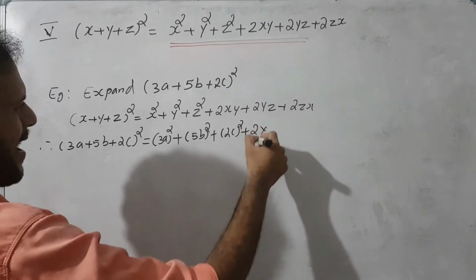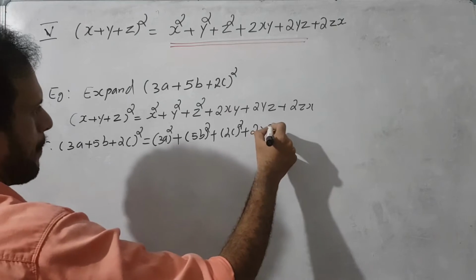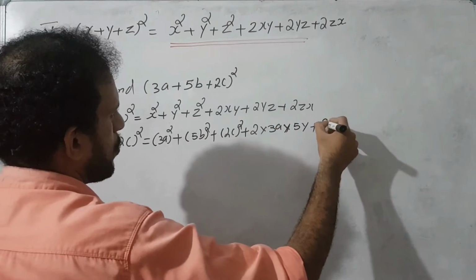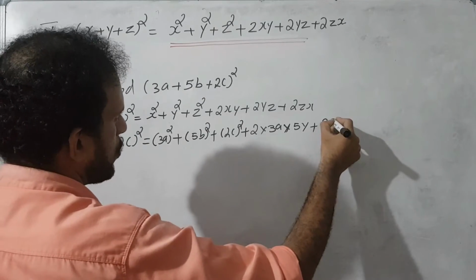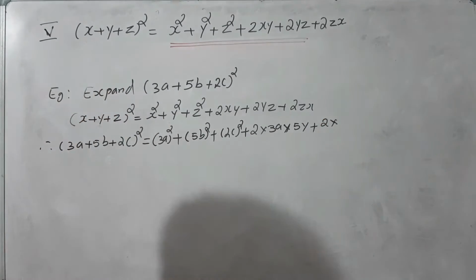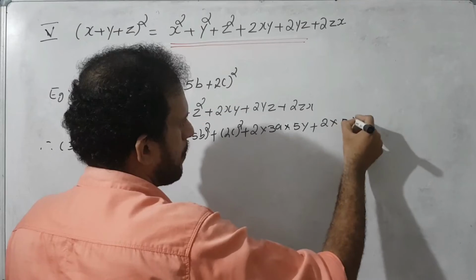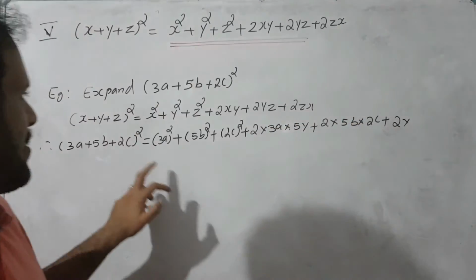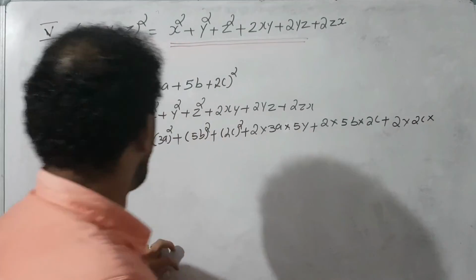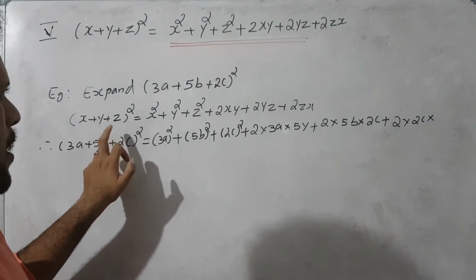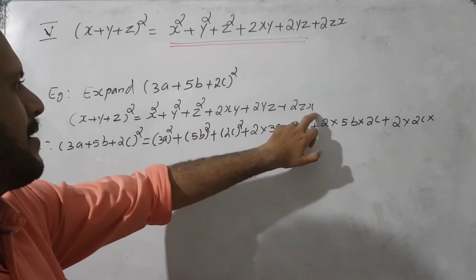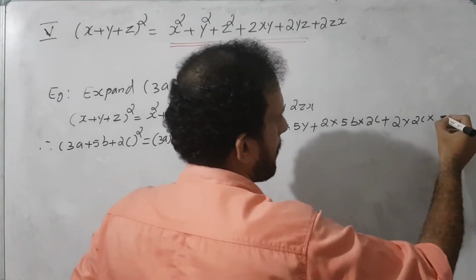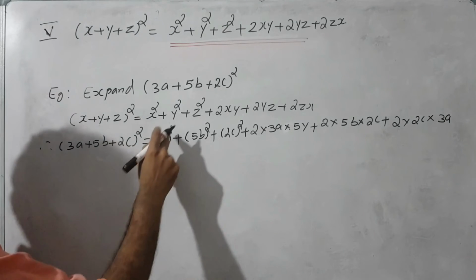2 into x, x means 3a, into y, y means 5b; 2 into y, y means 5b, into z, z is 2c; then 2 into zx, z is 2c, x is 3a. Equal to (3a) whole square.